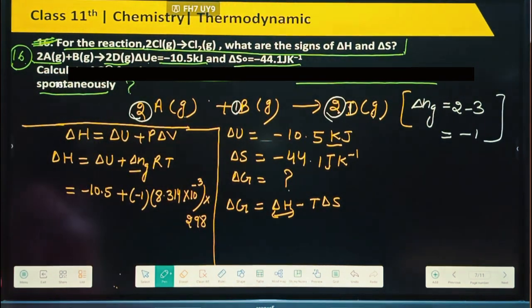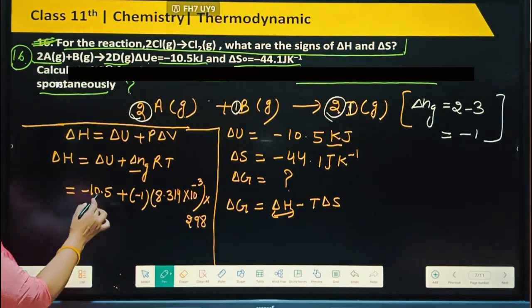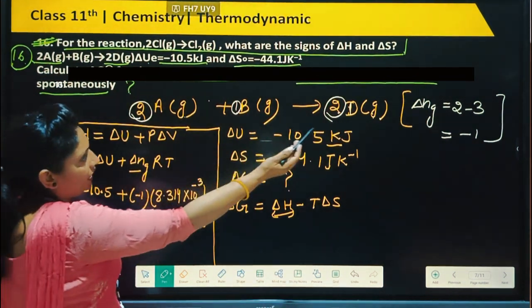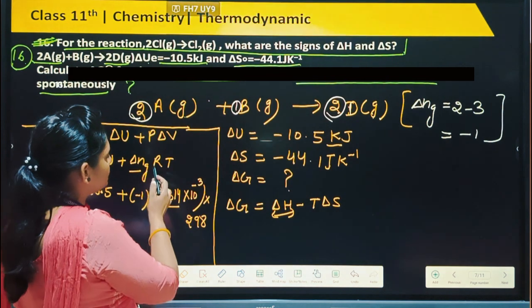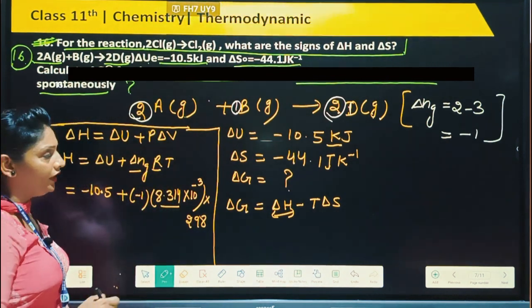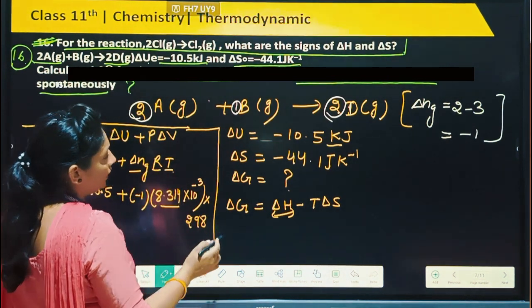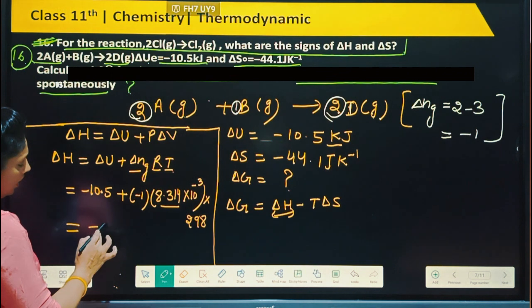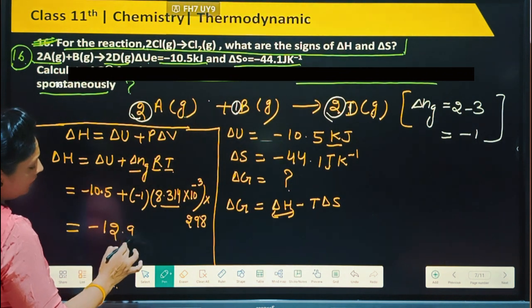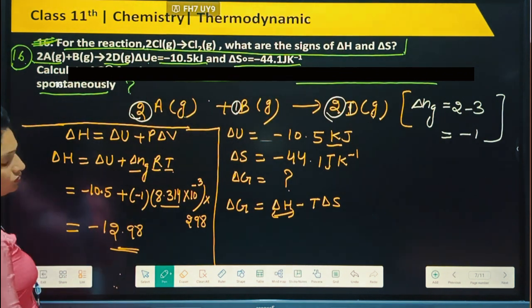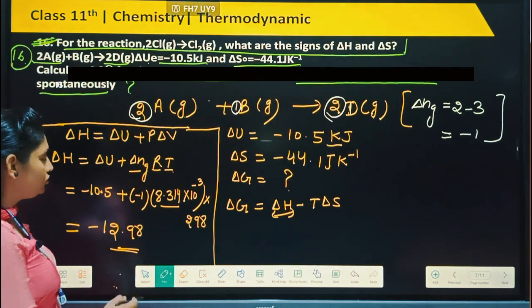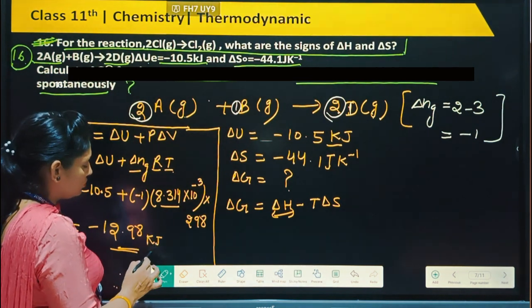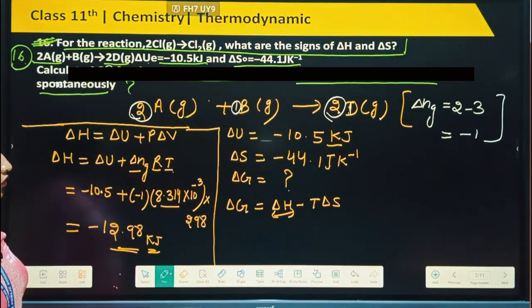Del U is given, del Ng we have calculated, R is the gas constant, so you can put the values, and T temperature is 298 Kelvin. Then we calculate this. After calculating, we get around 12.98 kilojoule.